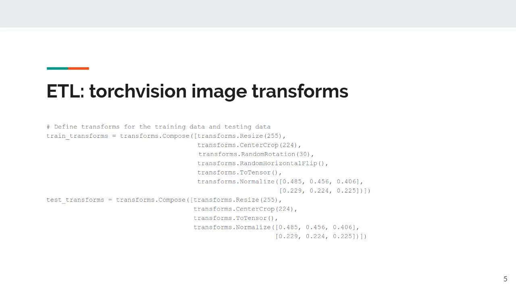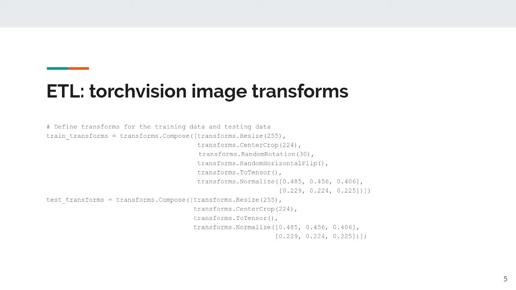The next transforms are just moving the image into a tensor shape, tensor class, and the final one is normalizing the image. Now we know these images are coming with values between 0 and 1.